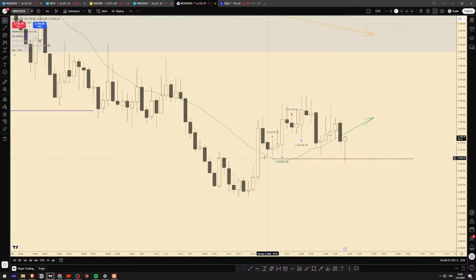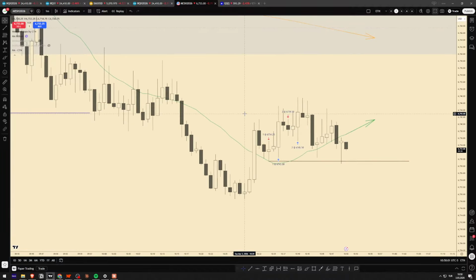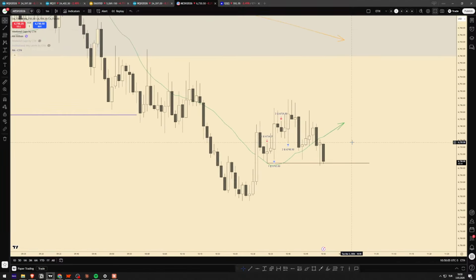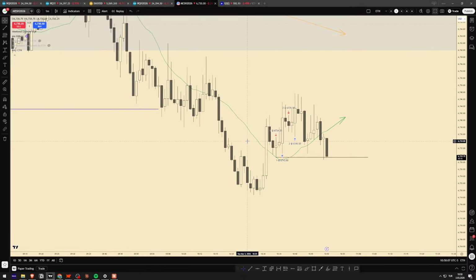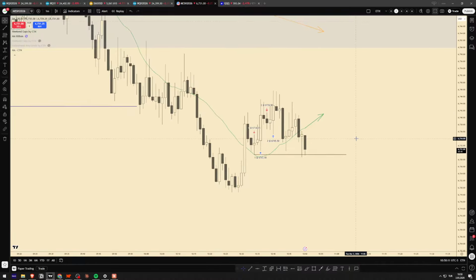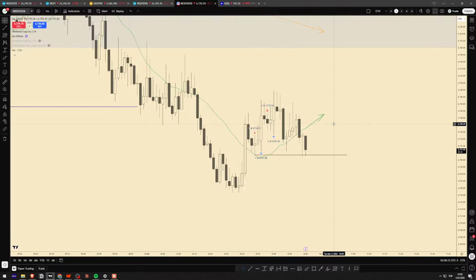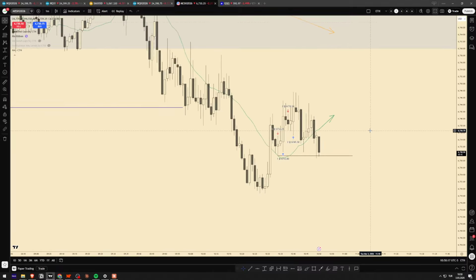And I learned that this one over here is not the greatest short. The second one is okay, even though it was stopped out, it was okay. And after the second one gets stopped out, it could be a good idea to wait for a fractal setup.